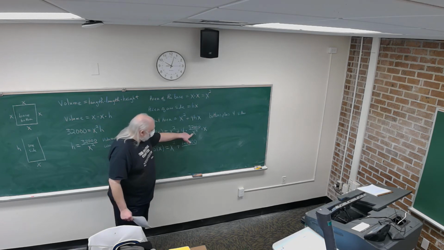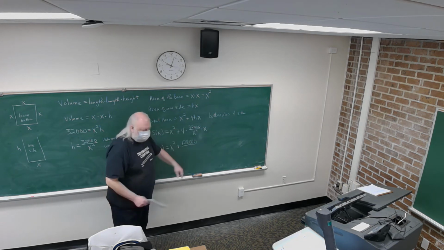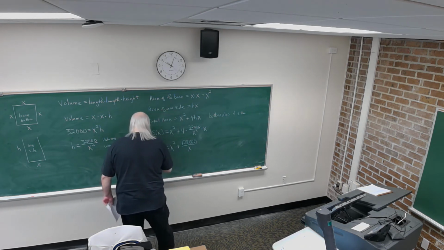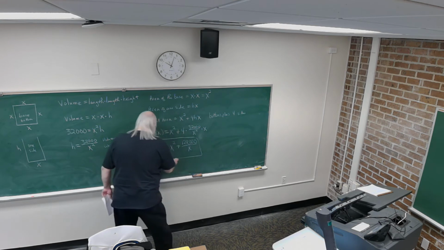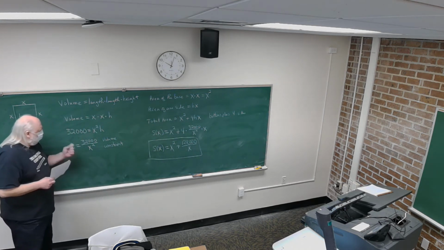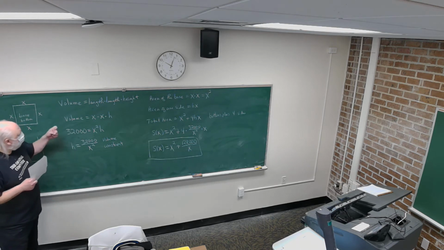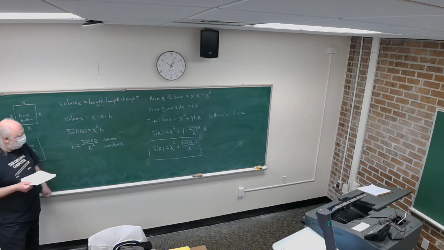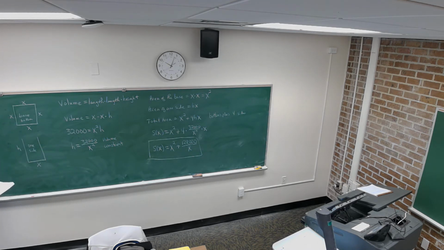So one of the x's in the denominator cancels with that x, and we're just left with one x in the denominator. And so this is the total amount of wood needed to build the box with a volume constraint of 32,000 cubic centimeters. Okay. The amount of wood needed written as a function of the width or length of one side of the bottom of the box, the base of the box.